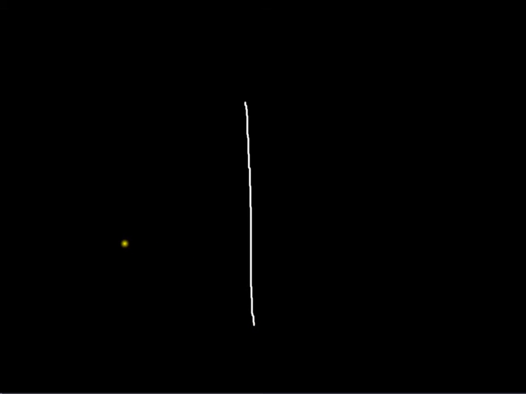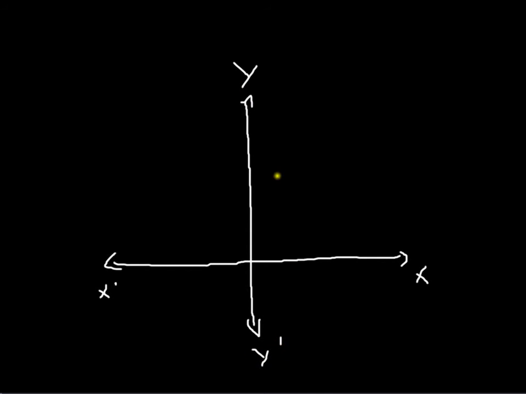So here we have the x-axis, and here we have the y-axis. Now if you want to draw the graph, the point will be here. It will actually be something like this.